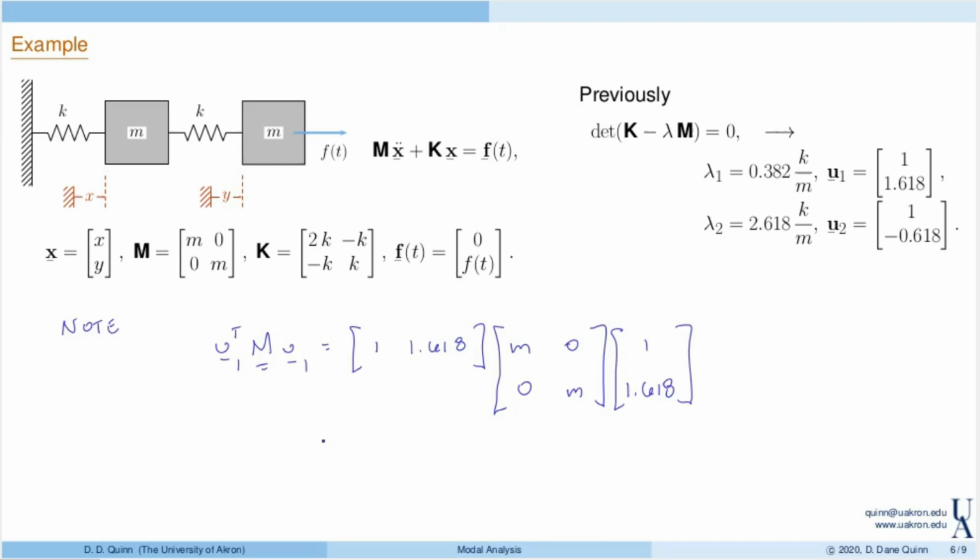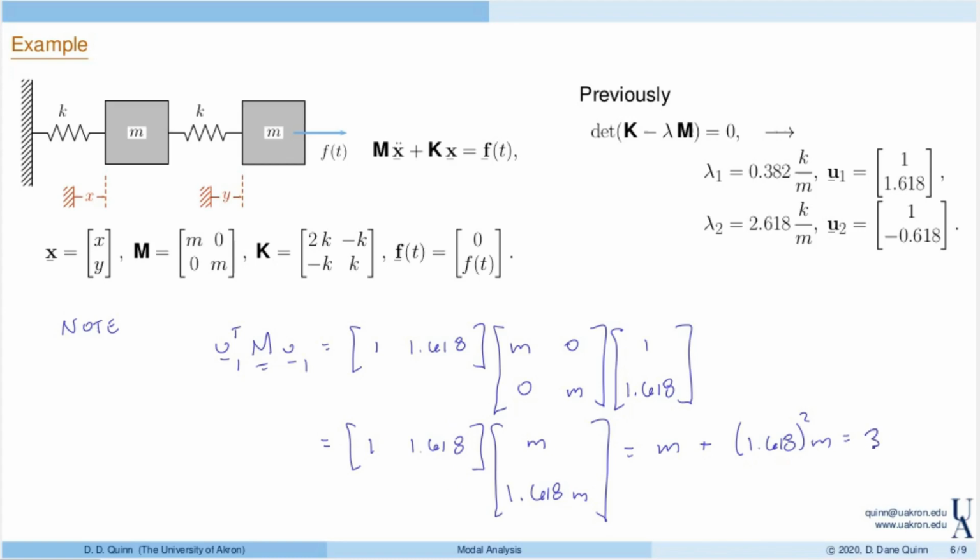So that reduces to, well, let's do the second part first. So 1.618, and then we have m and 1.618 when I multiply that matrix and vector together. So we have m plus 1.618 times m, well, that's squared, times m when I multiply these two together.